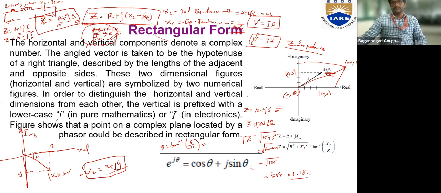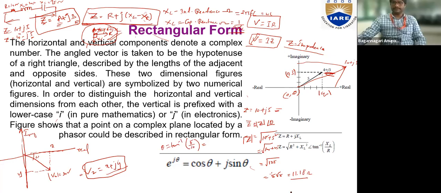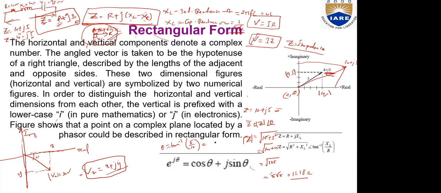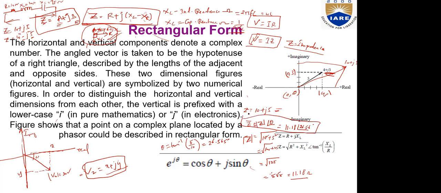No, it's 26.565 degrees. So I can represent the same Z in terms of magnitude, that is 11.18 at an angle of 26.56 degrees. This is how we represent them in polar form. Is that okay? Yes, sir.